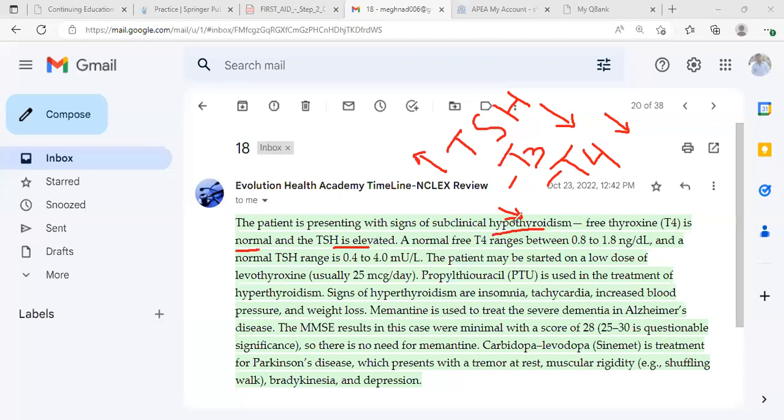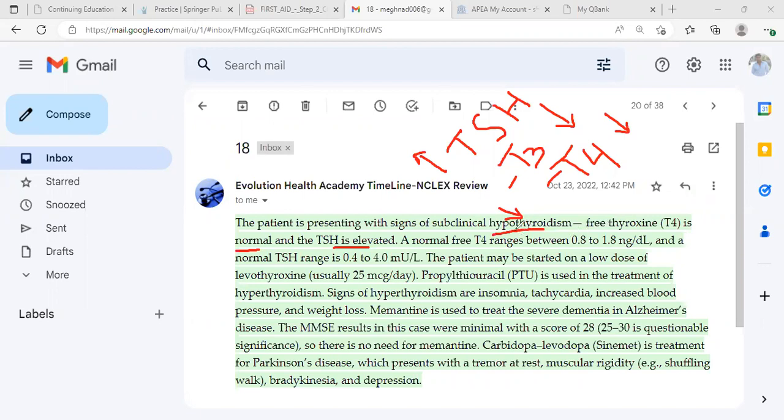I told you in a hypothyroidism patient T3 and T4 go down and TSH goes up. But every patient is not the same. In some patients maybe T4 is normal, T3 is normal, but TSH goes up. Still, this patient has hypothyroidism. You need to recheck it.